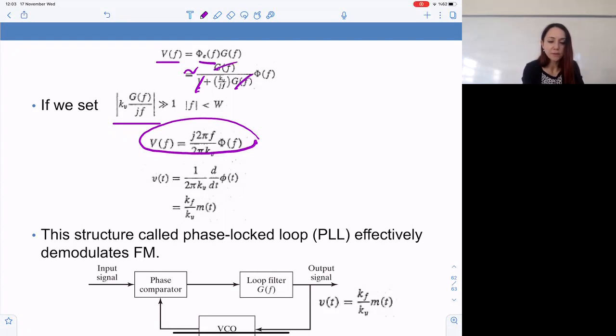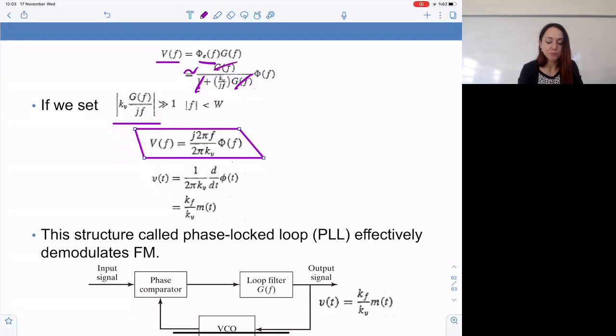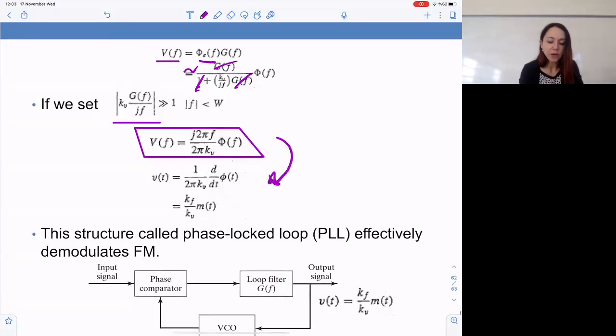Therefore, we have j2 pi f over 2 pi kV phi of f. Going back to the time domain, we have v of t equals 1 over 2 pi kV d by dt phi. The derivative of phi is kf m of t, so we are done.